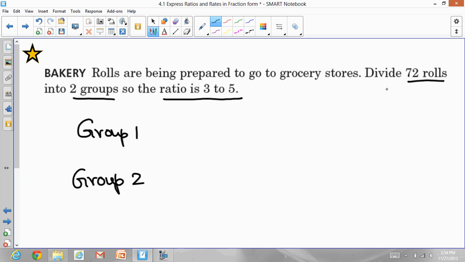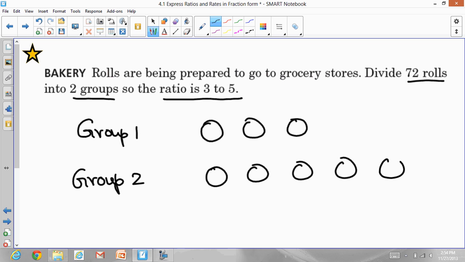If they say divide 72 rolls into 2 groups equally, then you would have done 72 divided by 2. But here, I cannot divide them equally. I have to divide them in such a way that the ratio is 3 to 5. That means group number 1 should have 3 parts and group number 2 should have 5 parts.